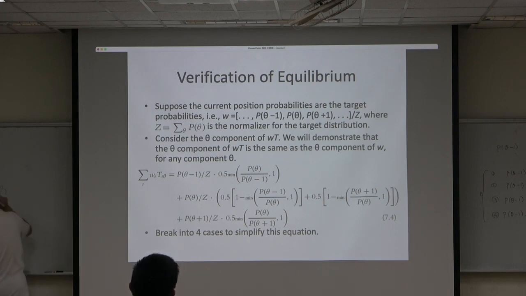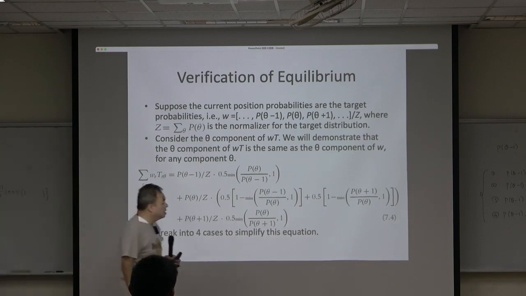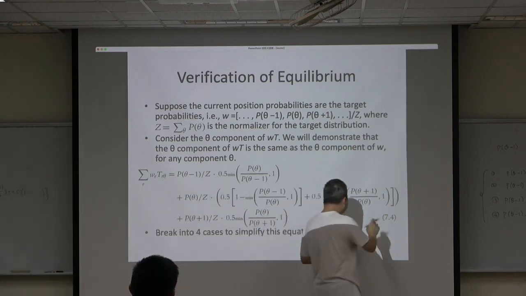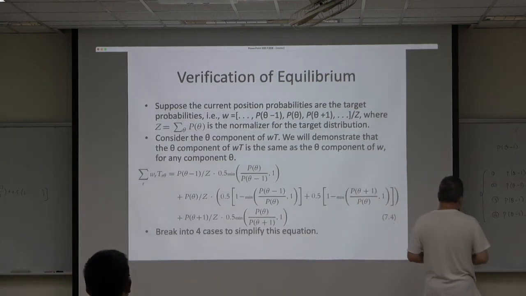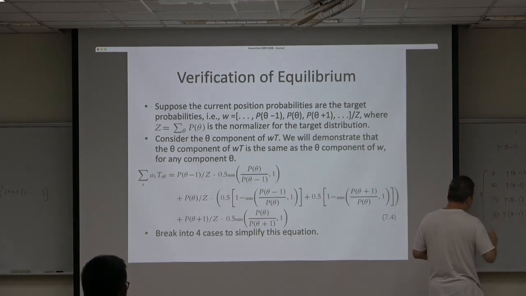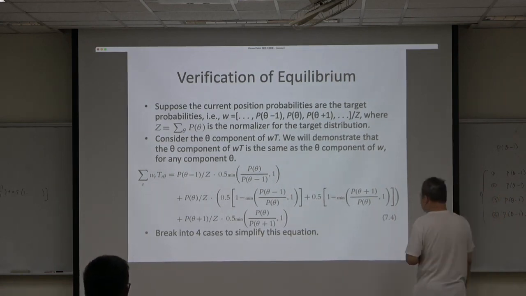So we have a larger plus 0.5 times inside here 1 minus, okay, and the p theta and the p theta plus 1. We know p theta plus 1 is larger than p theta, right?